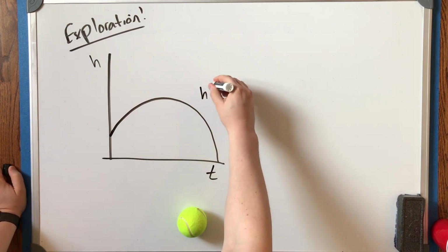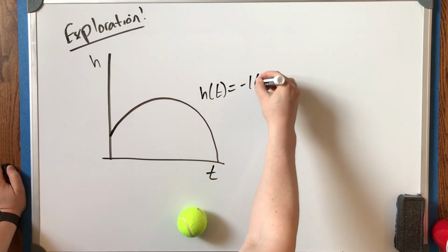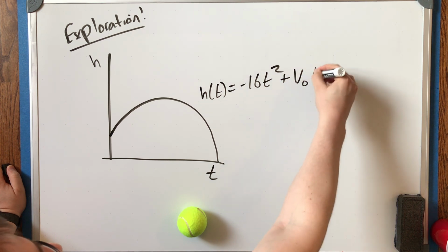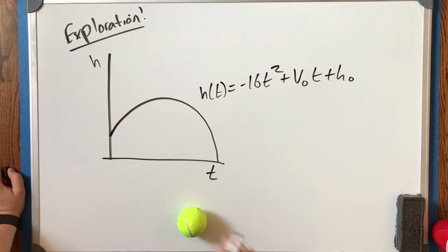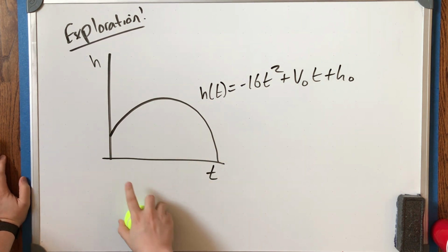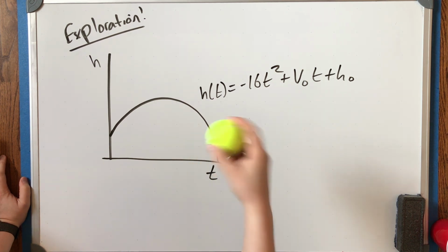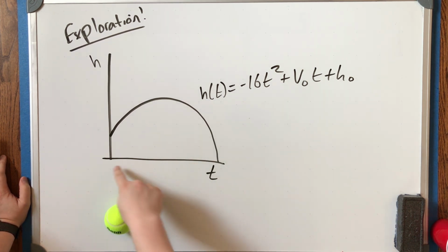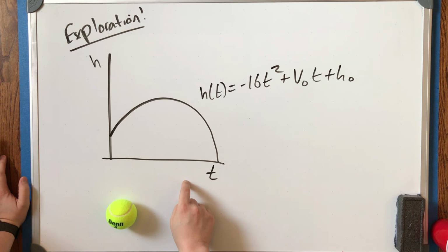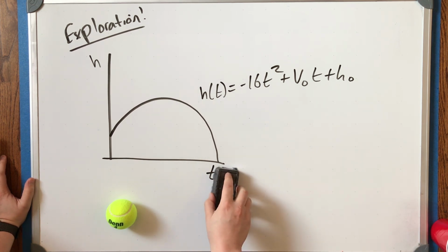And this is how we've always visualized it. We always use that equation, h of t equals negative 16 t squared plus initial velocity plus height. And that's always how we've modeled these for the past couple of years. But this isn't what actually is happening. When I throw the ball to someone, this axis right here is not time. This would actually be the distance that I'm throwing it.